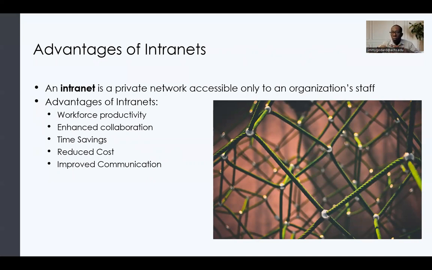Because they are confined within your home, we call that an intranet, right? You can create a network where they share information with each other from the bedroom to the bathroom to the living room. It does not leave your house. An intranet is a private network of an organization that does not leave the organization's domain. It allows workforce productivity because it's fast, enhances collaboration, it's local, time saving, reduces costs, right, and improves communication.